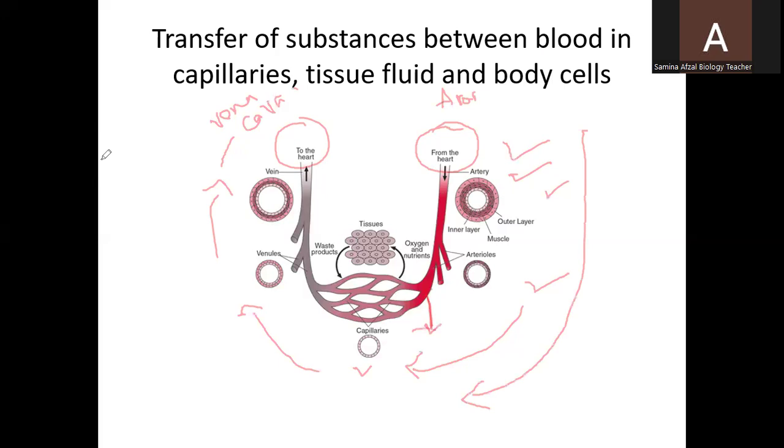Due to high pressure, the liquid or tissue fluid will leak out of the blood. It will not contain red blood cells. It will contain some protein and plasma. So this is called tissue fluid.